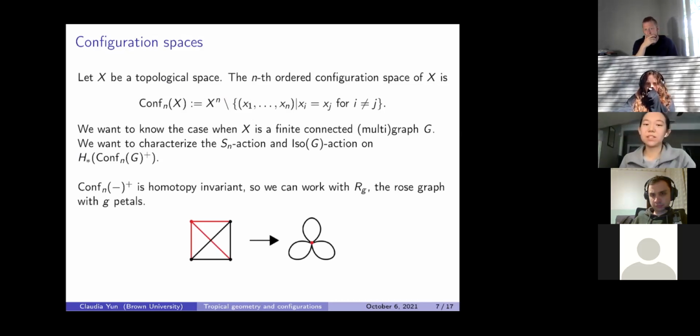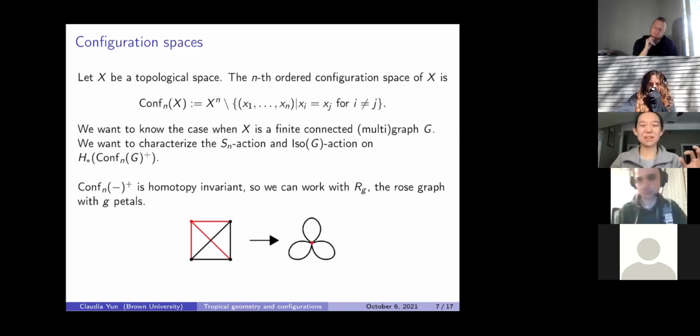And one observation we make is that taking the compactified configuration space is actually a homotopy invariant. This is an interesting observation, because if you just think about the usual configuration space, then it's actually not homotopy invariant.